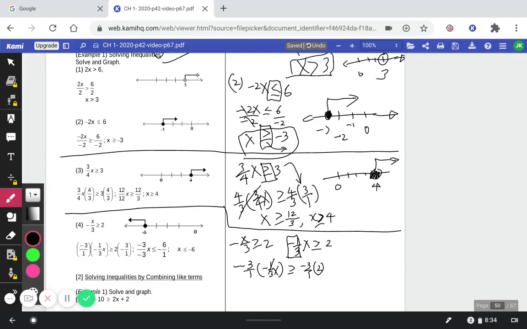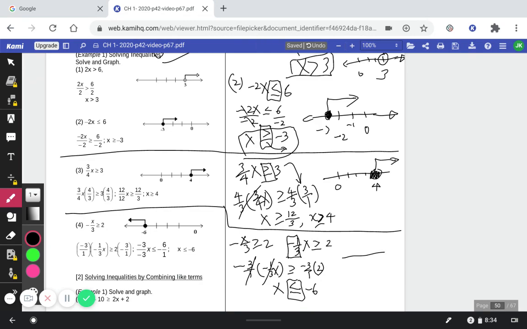So when you do that, these fractions cancel out. But when you multiply by a negative, the sign changes. So you make sure you change the sign. So x is less than or equal to negative 6. It's a negative 6/1, but you don't put 1, so negative 6.